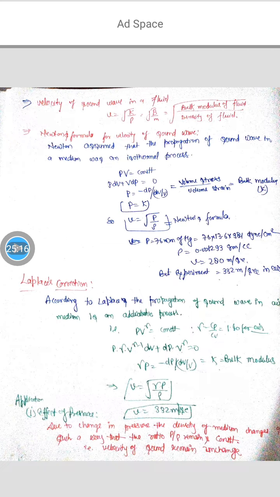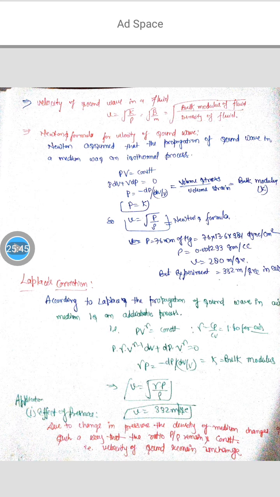So what is the effect of the medium on a wave? When you increase or decrease the pressure of the medium, there is no effect on the wave, because if the pressure becomes high, then density will also be high.